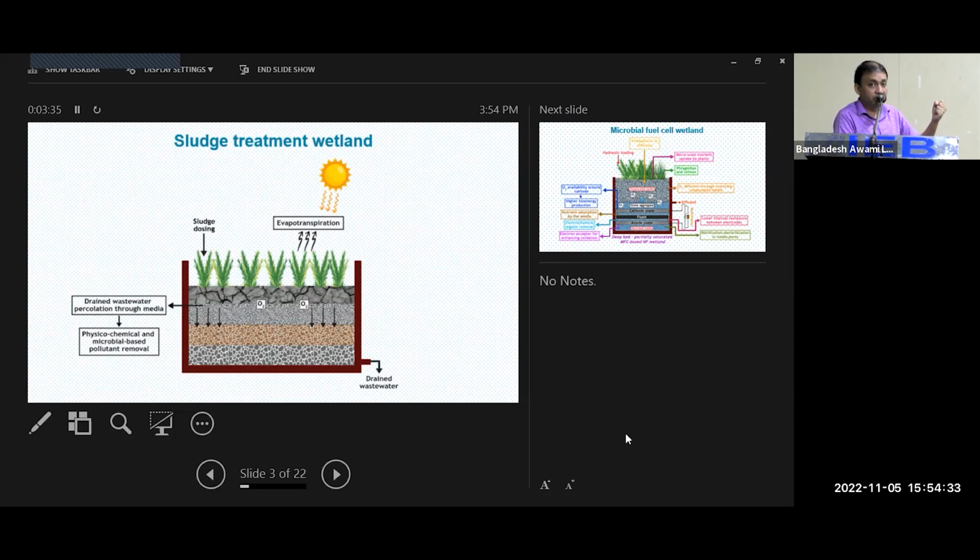And during the sludge drying process, water will come out and move through the media. When it moves through the media, bacteria will remove pollutants, and the media will also absorb pollutants. So this is a very brief idea.